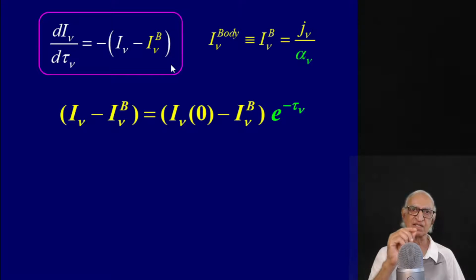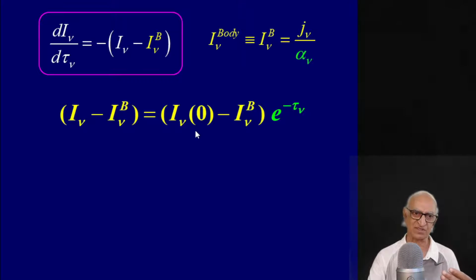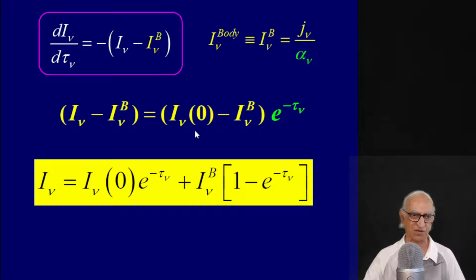Integrating both sides, I get log y equals minus x. Therefore, y equals e to the power minus x. So that's all that I have done over here. If you have studied some differential equations, please verify this. It will take you about 30 seconds. If you have not studied differential equations, please accept this equation as I have written down.